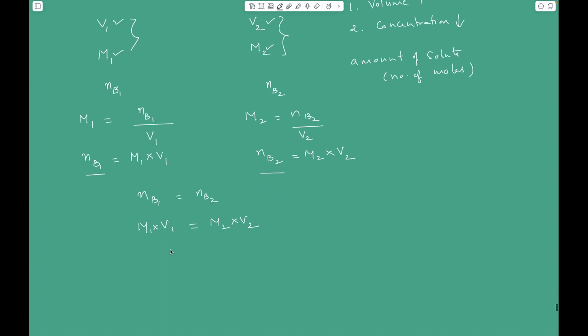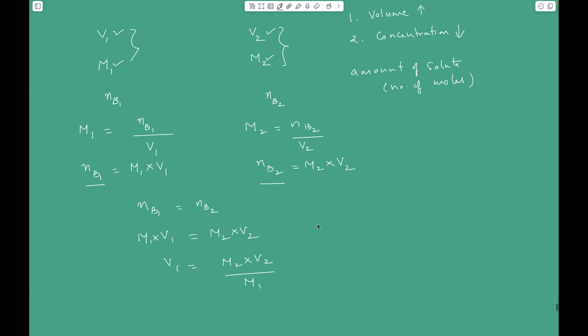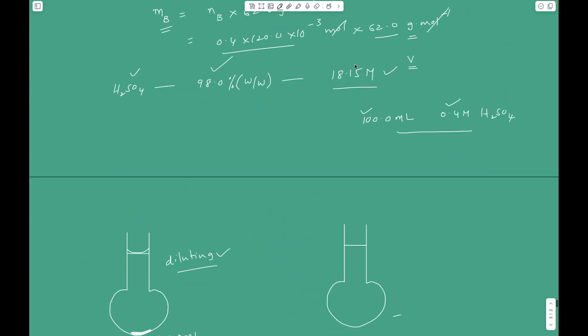Then what will be V1? It is equal to M2 times V2 over M1. Here, we know the value of M1, that is the concentration of the stock solution.